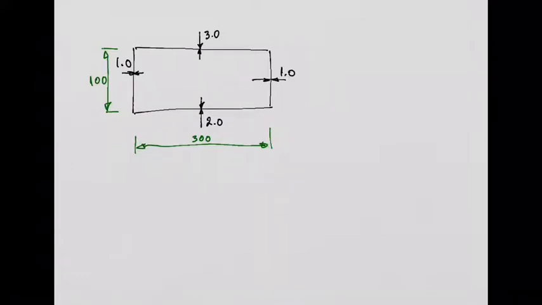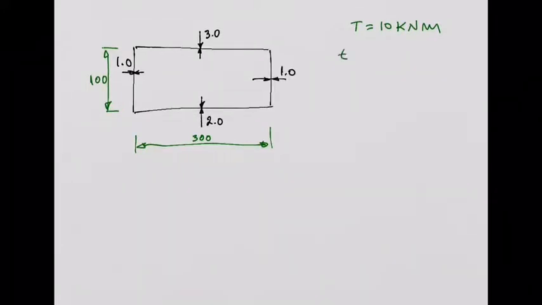And the question, okay, you have a single cell closed cross-section, and so on. You have an applied torque of 10, so the torque is 10 kilonewton meters. What they want is to calculate the twist angle over a 2 meter length.